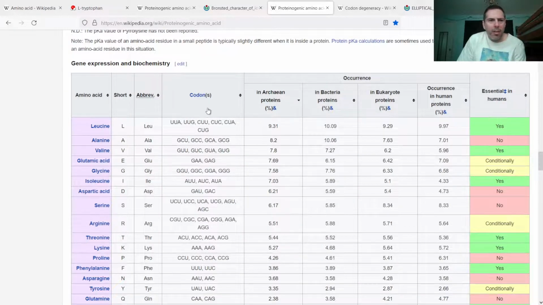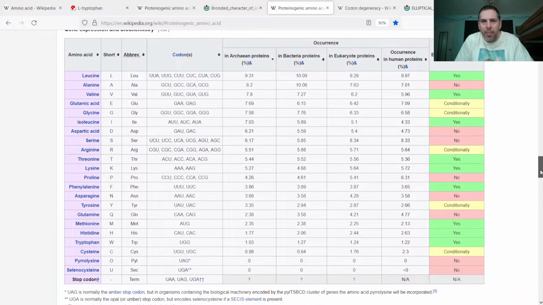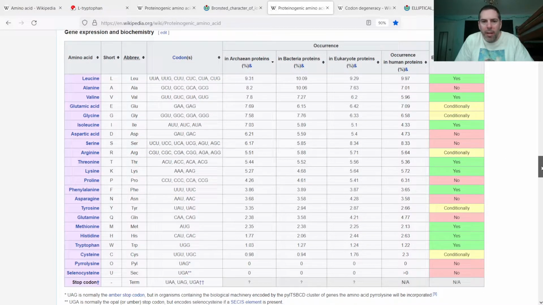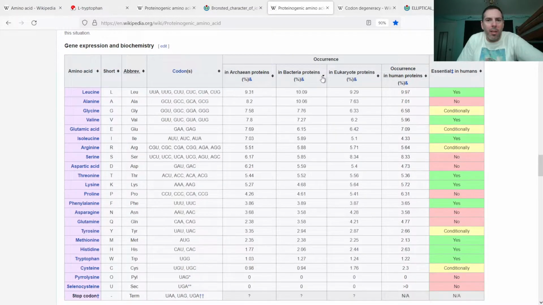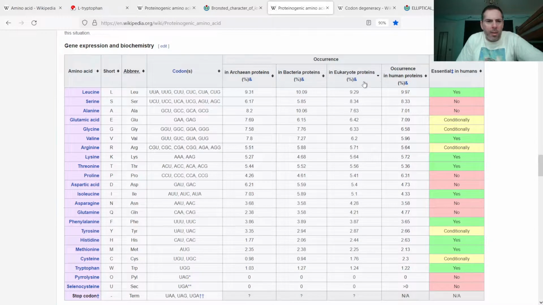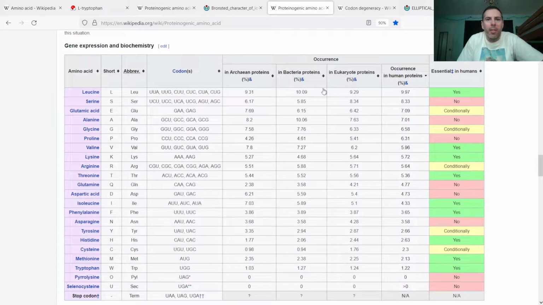And here's a table where you can sort by the various domains of life. So I'm already sorted by archaea, and you can just pause the video if you want to look at the details of this, or go to the Wikipedia page. So there's a slight change in order based on archaea, bacteria, eukaryotes, and then specifically humans.